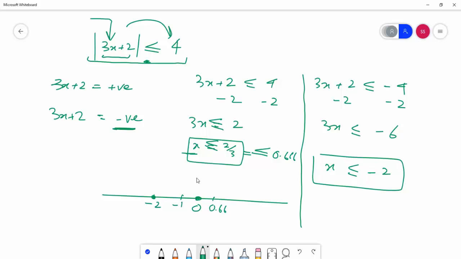So whatever the values of x which are less than or equal to 0.66 and which are less than or equal to negative 2, they will all satisfy this inequality, isn't it?